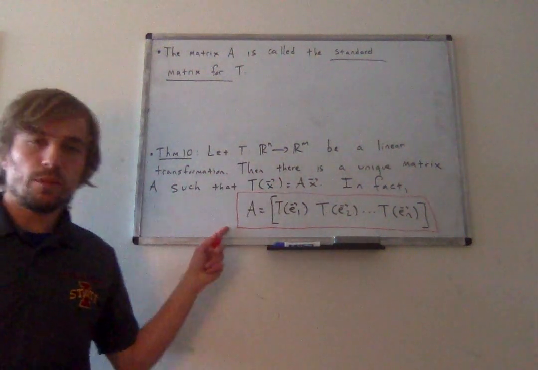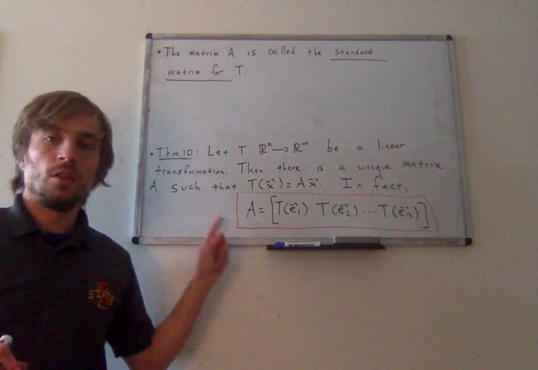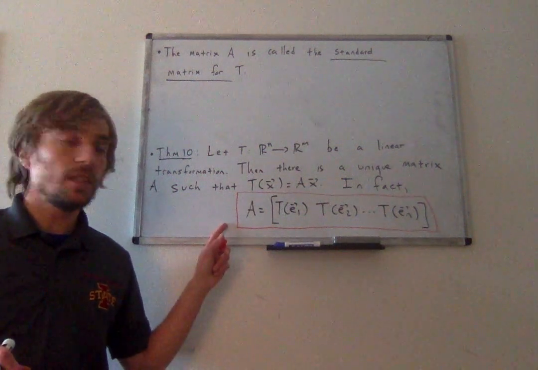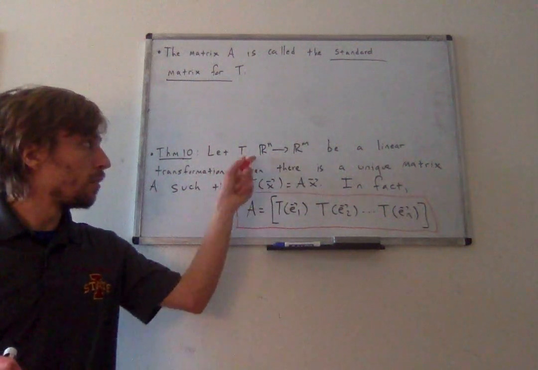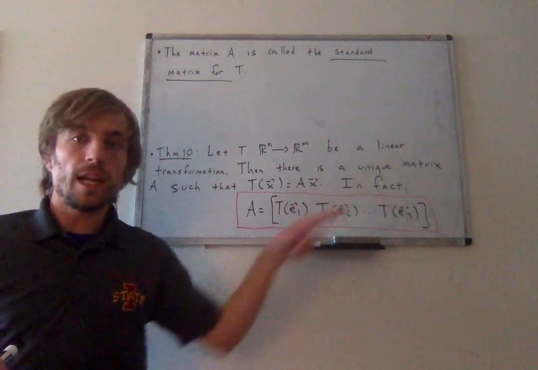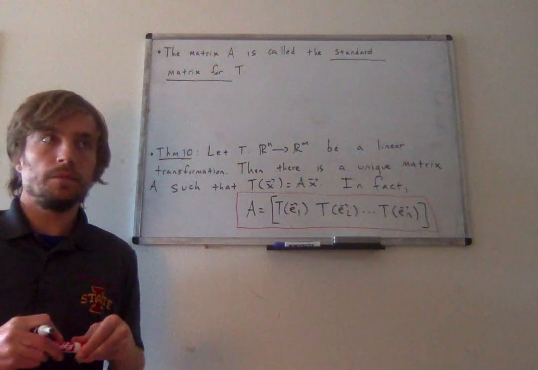How do we find the standard matrix for a linear transformation? We look at the images of all of these standard basis vectors in the domain, and we write out A correspondingly.